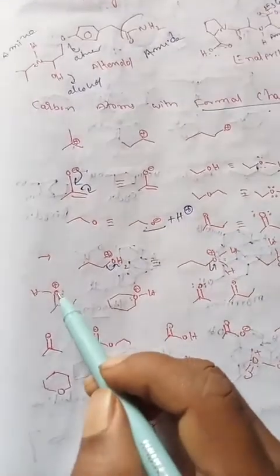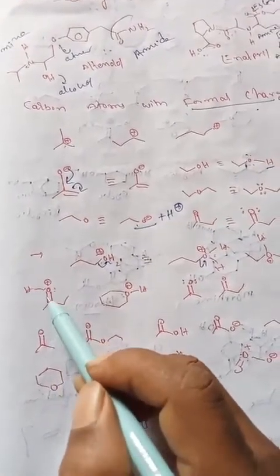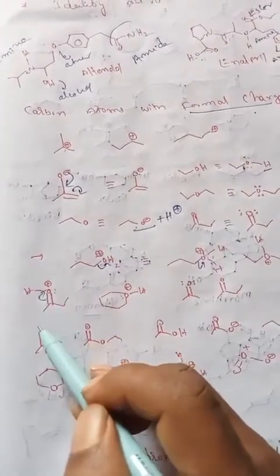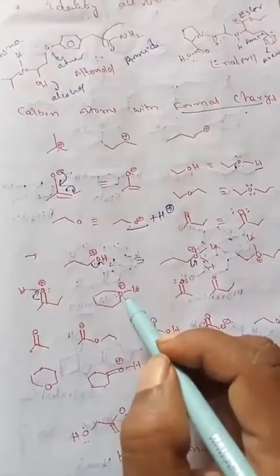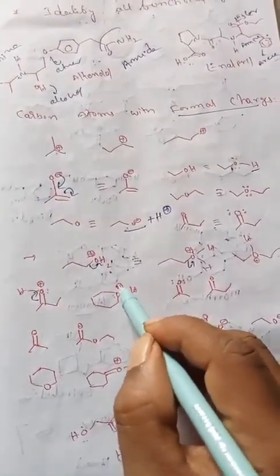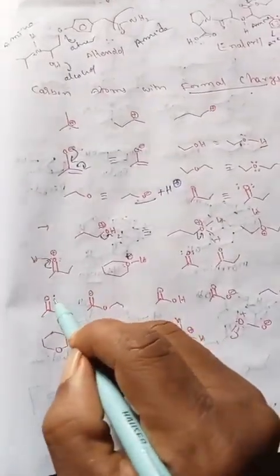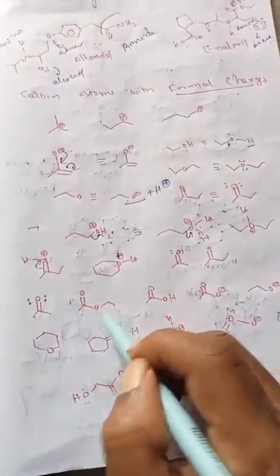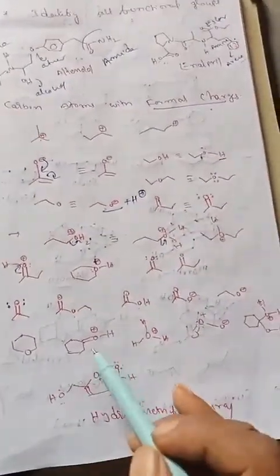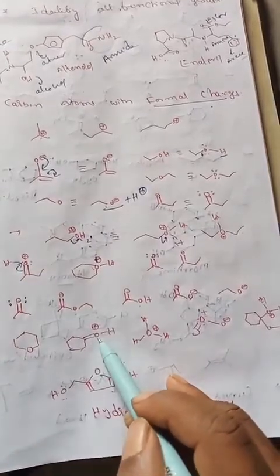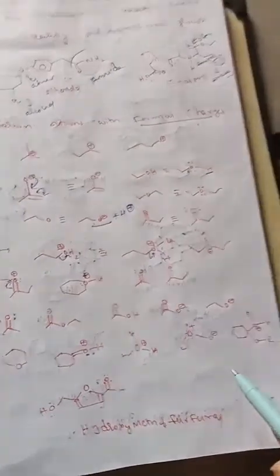And very important, for example, this is the ketone, it abstracts one proton and it will form like this, this is the charge. And even cyclic ethers also will have a positive charge here. If it is there, lone pairs of electrons are there here. And if it is an ester and carboxylic acid or carboxylate, these are the typical examples of how a formal charge forms in organic functional groups.